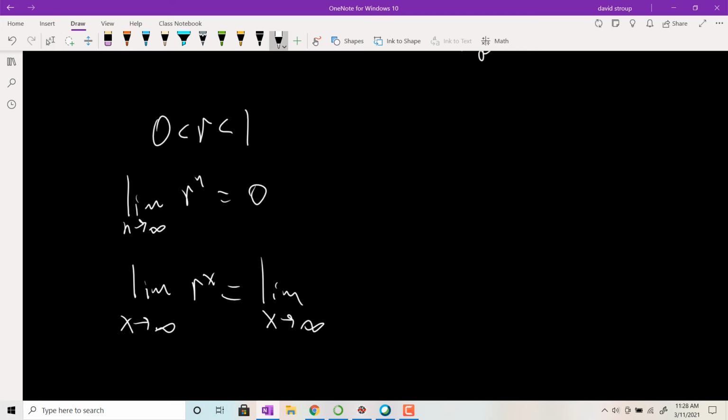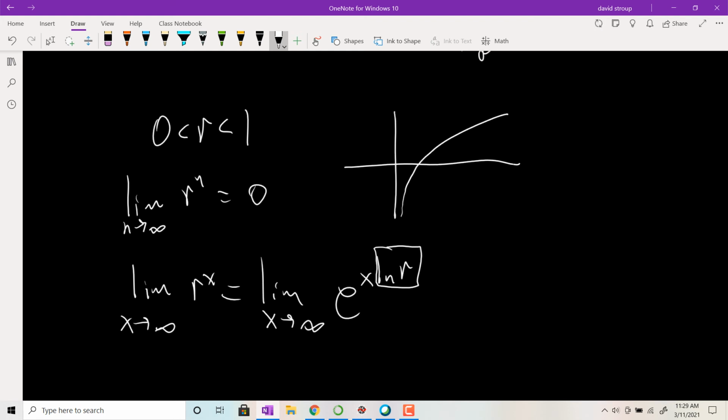So you could rewrite it as e to the x ln r, where ln of r is going to be negative if r is in between 0 and 1, right? Because of the plot of the natural log function. So here is 1, and then here is 0, so the y values are always negative. So this thing is less than 0.